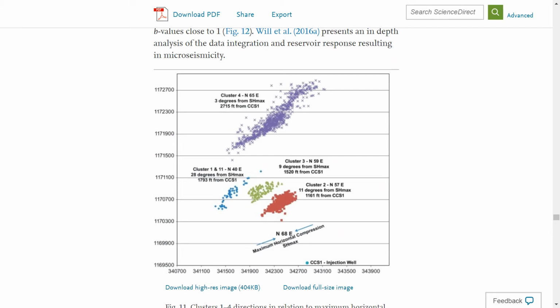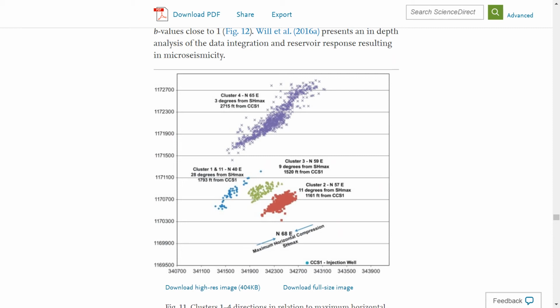So for some extra points, who can tell me what those faults are? Most likely. No, raise your hand so I can see. Okay, you already have points. Is it normal fault? Why normal fault? Because to me the fractures are like this, so the azimuth is parallel with the maximum horizontal.